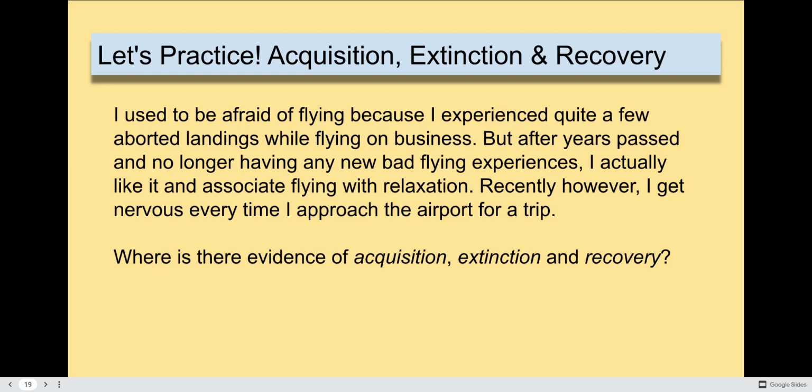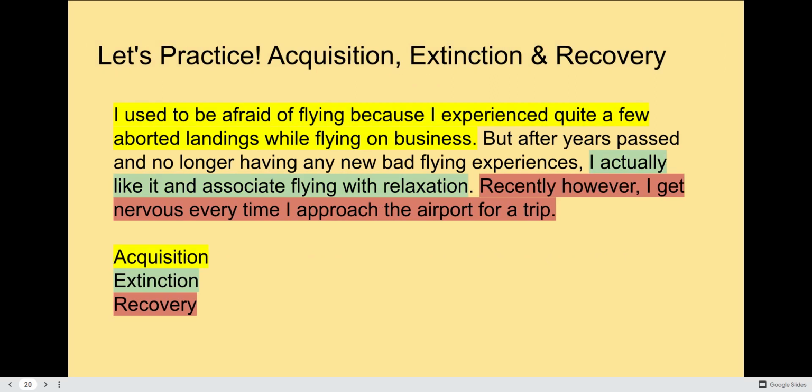So again, I was afraid of flying because I'd had a few aborted landings while flying on business. After years passed, I no longer had any new bad flying experiences, so I actually started to like flying. But recently, I get nervous every time I approach the airport for a trip. So where is the evidence of acquisition, extinction, and recovery? Why don't you pause the video here and talk about that.